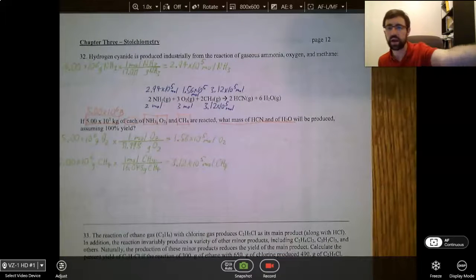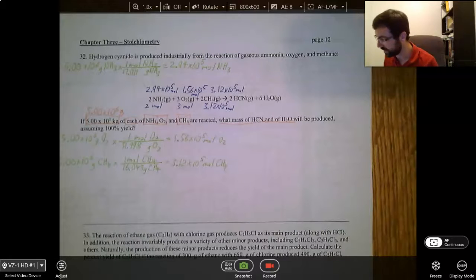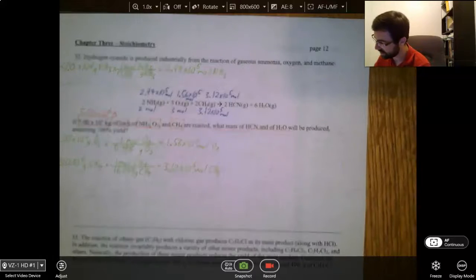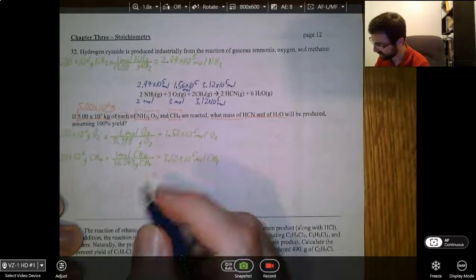This is a limiting reactant problem that we're going to have to do 3 of them, okay? Because we have 3 reactants. So I'm going to do all of that over here.